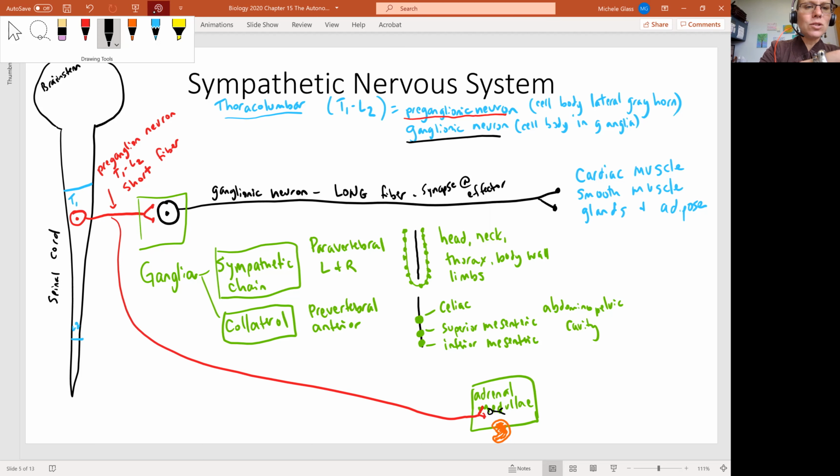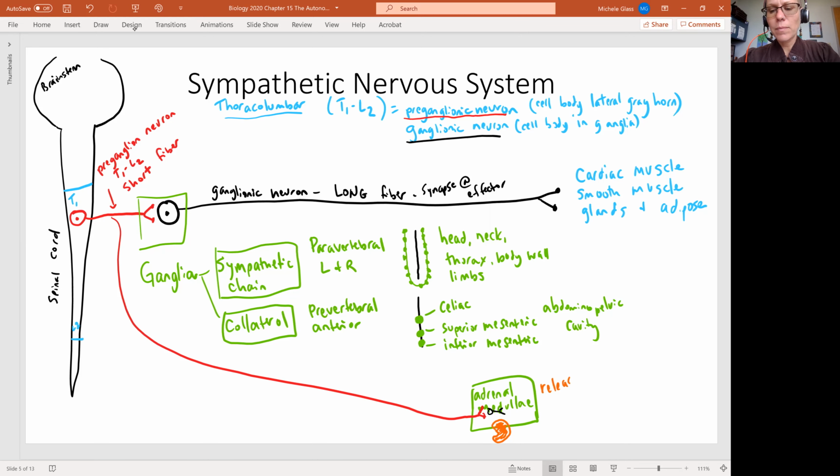And this is super important. The adrenal medullae is going to release, and I'm going to introduce our two neurotransmitters that we're dealing with here: epinephrine, which we can abbreviate as capital E, and norepinephrine, which we can abbreviate as capital N, capital E.